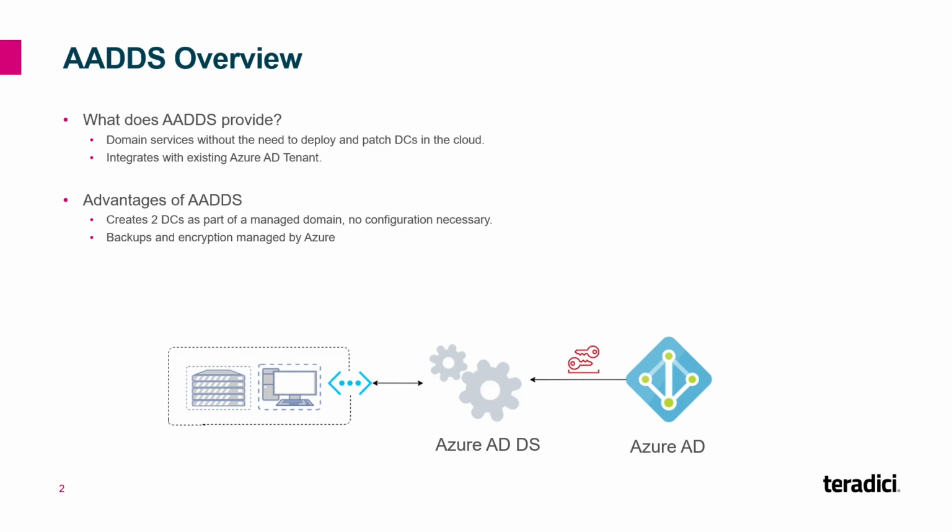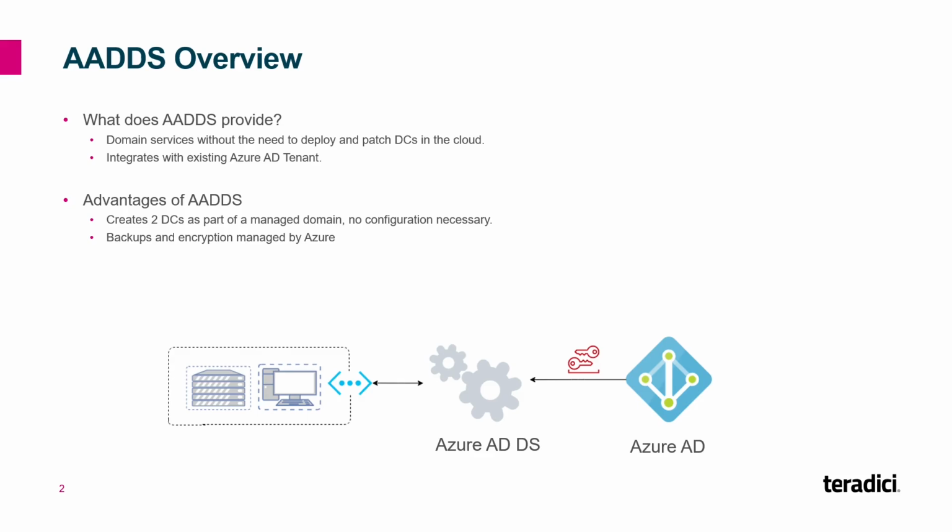The advantage of these services is that they're fully managed by Azure, so there's no need to configure or update these domain controllers. The AADDS also provides automatic syncing with user credentials and groups in the Azure AD tenant and supports features like backup and encryption, which are automatically included.